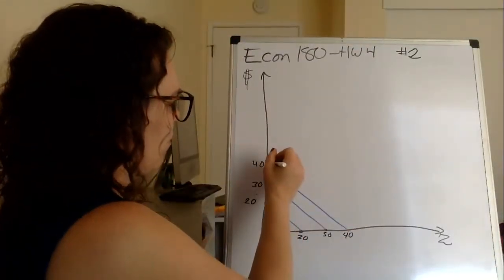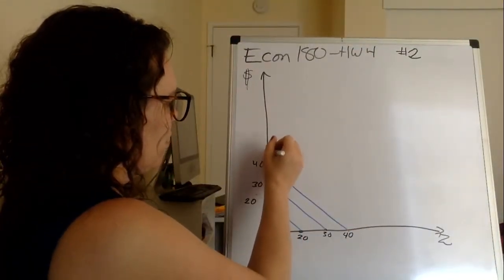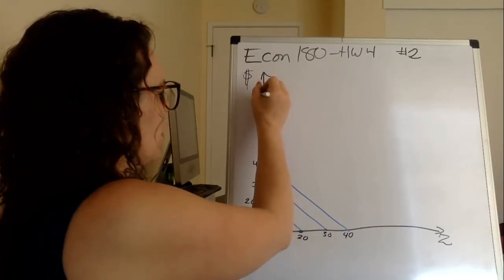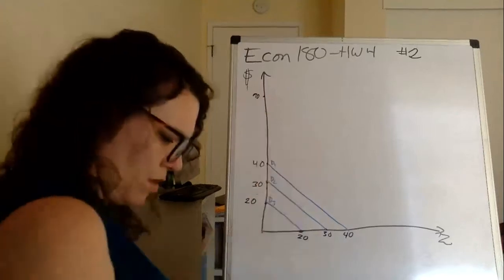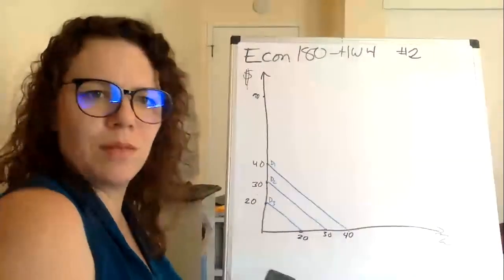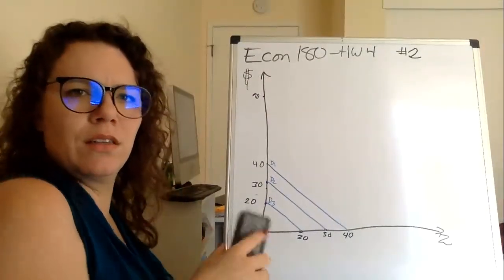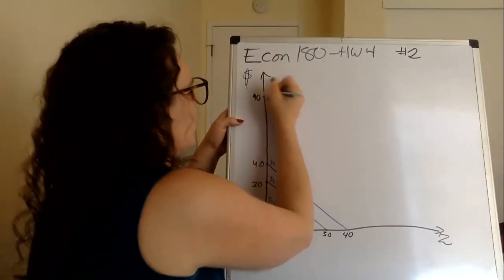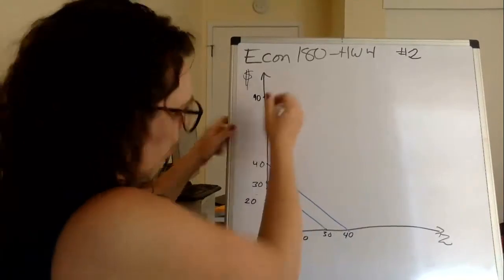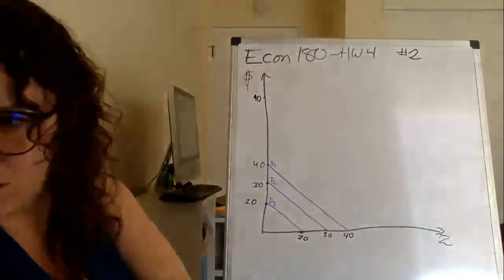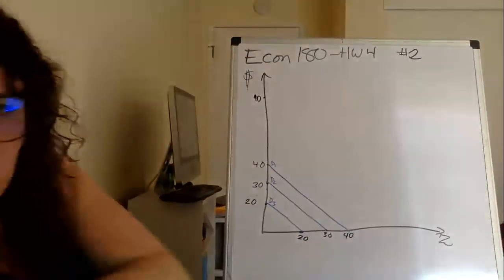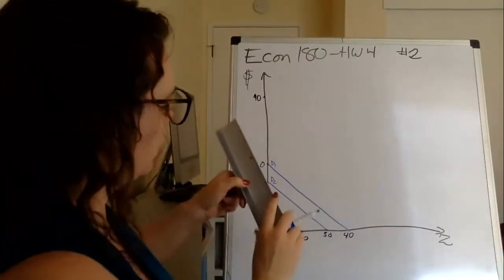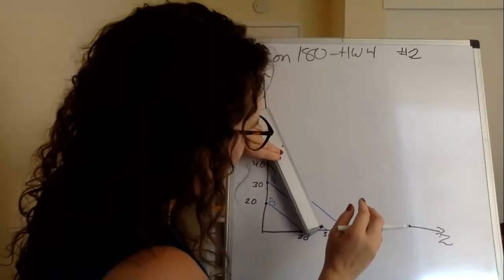The other one's going to be at 90. So let's say that's 50, 60, 70, 80, 90. Oh, come on. Make those numbers look nice. Here we go. And then let's make that our marginal social benefit curve. I'm going to use a straight edge so it doesn't look bad.